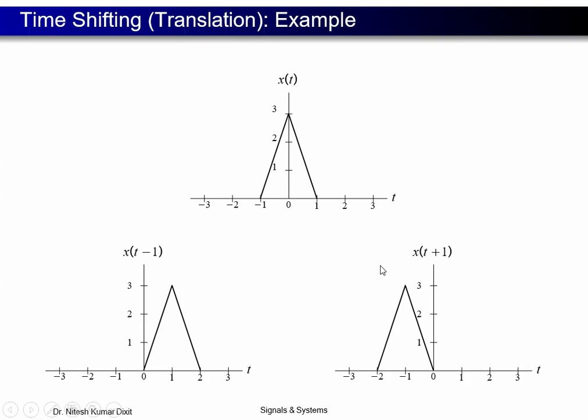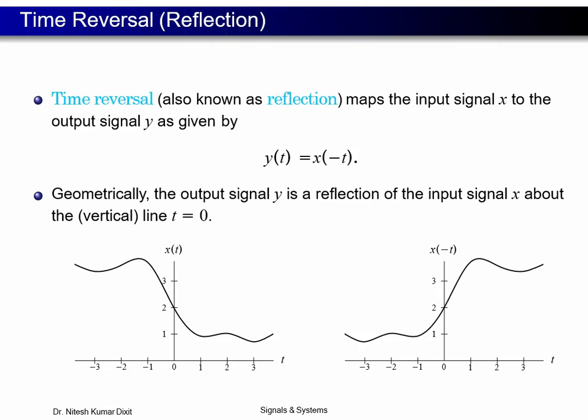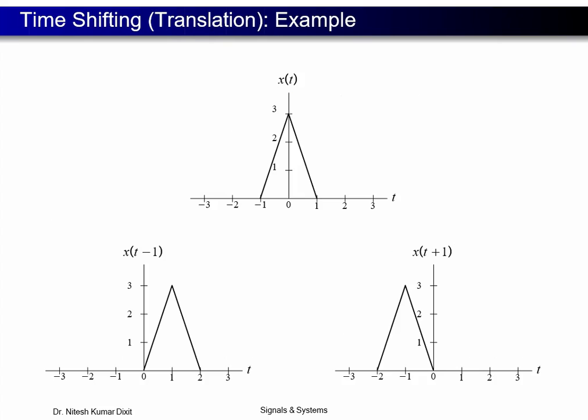If we apply b equal to -1, the signal is shifted to the left. Here, at the value of -1, the signal is 3. So this is known as time shifting and time translation.